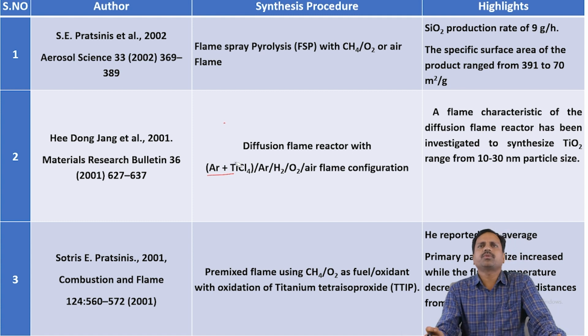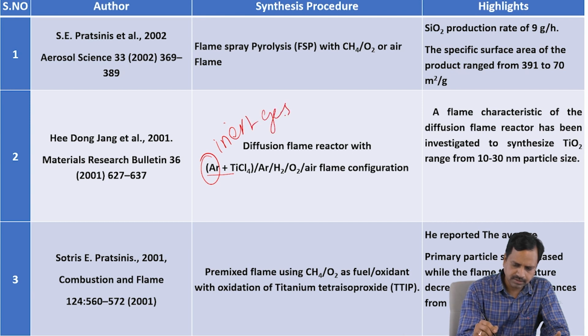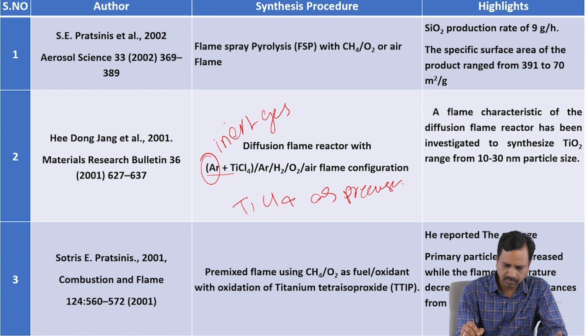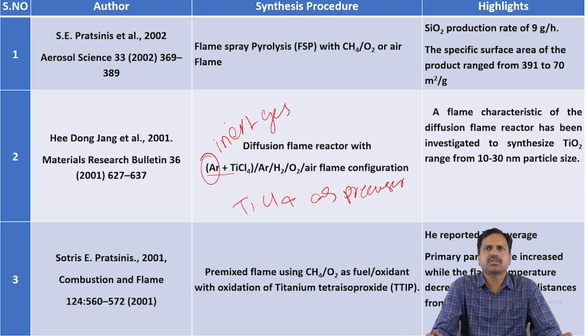So argon will be used as inert gas. He used argon as the inert gas, titanium chloride, TiCl4, as the precursor material, and hydrogen as the fuel.